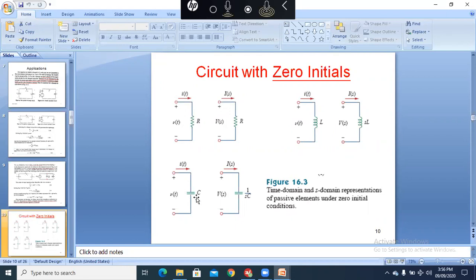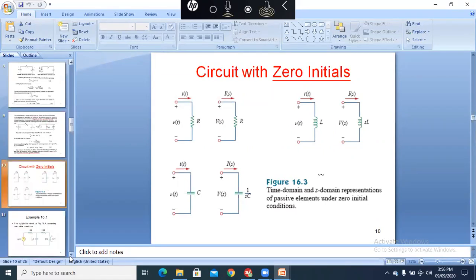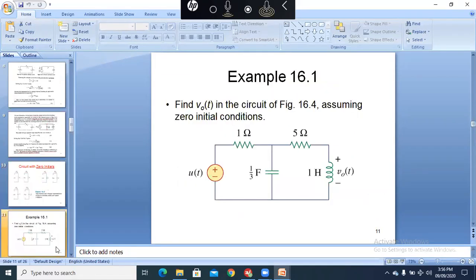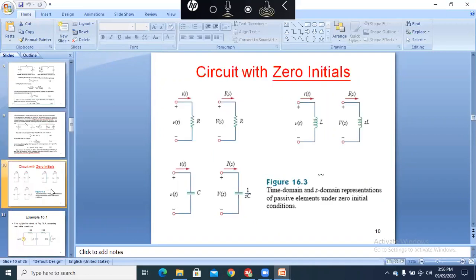And with zero initial condition, the capacitance C is represented by 1 by SC. The time domain and S domain representations of passive elements under zero initial conditions are shown in this figure. I hope it is almost the same as what we did in the frequency domain. The only thing is that j omega is represented by S here.